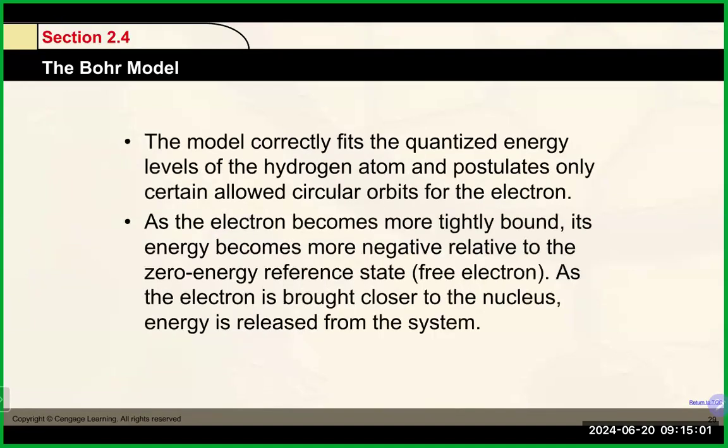So the idea of Bohr's model fit really well for the quantized energy levels of hydrogen. It worked really well to explain what is happening in the hydrogen atom. But it doesn't really hold up as you go past one electron, which is pretty much everybody else, so it kind of falls short after that.